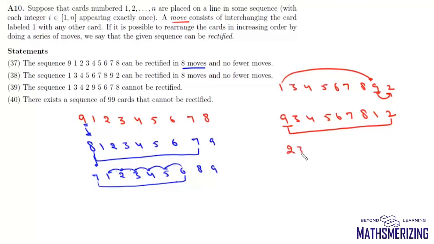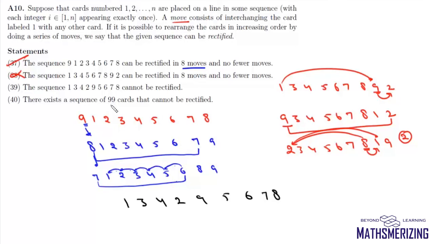So now we have 2, 3, 4, 5, 6, 7, 8, 1, and 9. Next, we'll place this 8 here. And for this again, we have to interchange it with 2 and then interchange it with 1. So for each placement, we need at least 2 moves. So it is not possible to rectify the sequence in 8 or fewer moves. So this 38 is incorrect. So 37 is correct and 38 is incorrect.